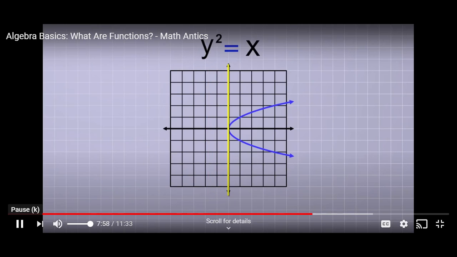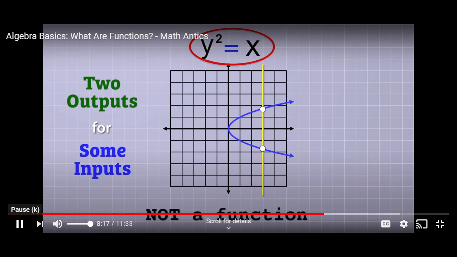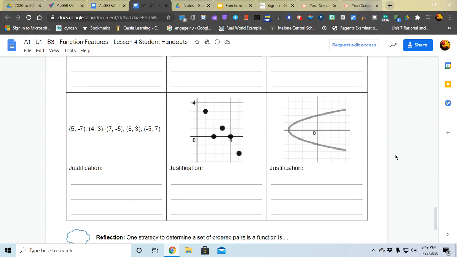And there's one place where the vertical line would intersect the graph at just 1 point, which is also okay. But as we move to the right on the x-axis, you can see that our vertical line is now intersecting the curve in 2 places. That means this equation is giving us 2 possible outputs for some of its inputs, which means that it's not considered a function.